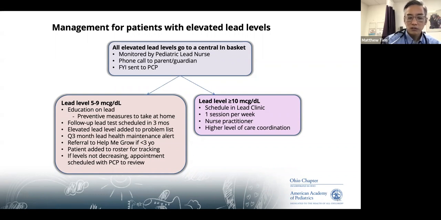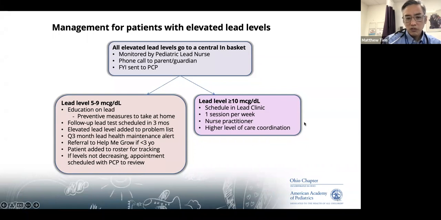We'll make that referral to Help Me Grow for the kids who are less than 3 years old. She'll add them to a patient roster in the electronic health record for tracking. And if that follow-up lead level in 3 months is not decreasing, we usually try to make an appointment with the PCP at that point to delve more into things and figure out what's going on in more depth.